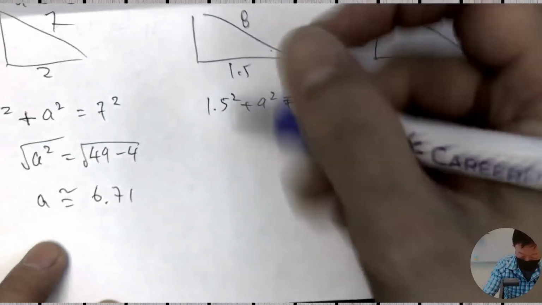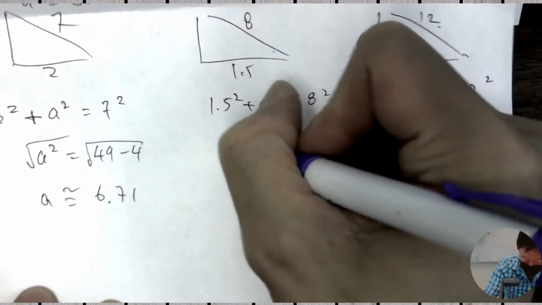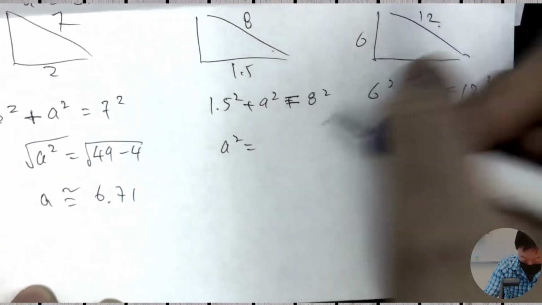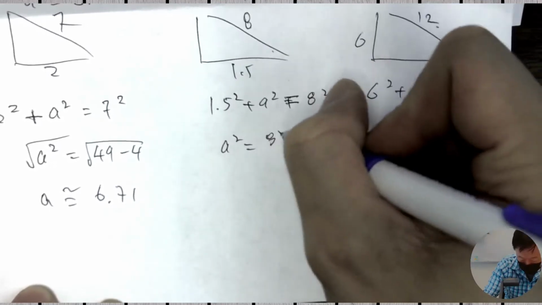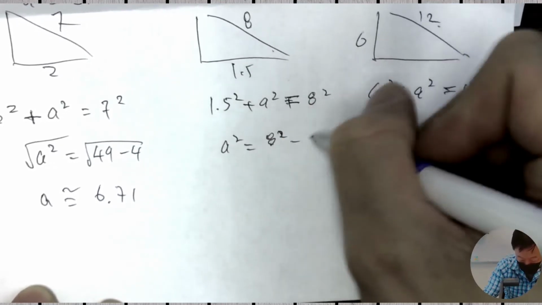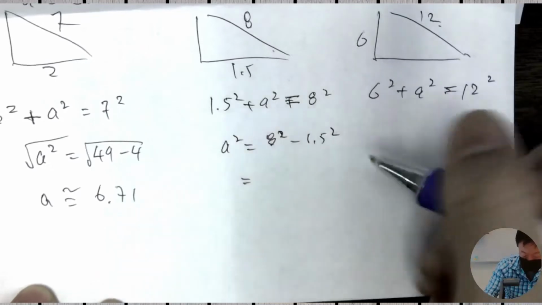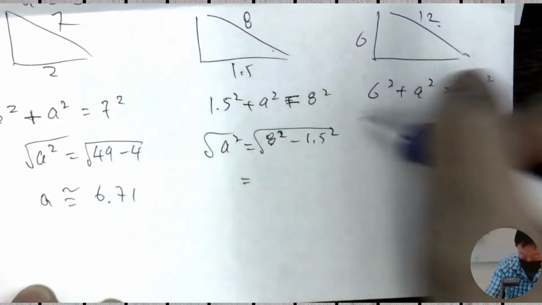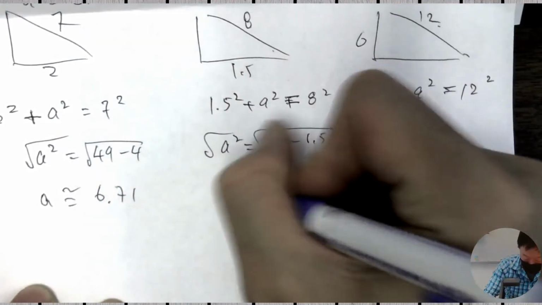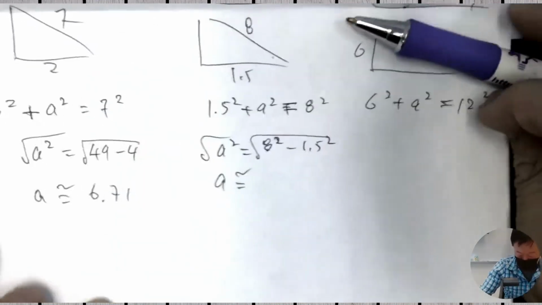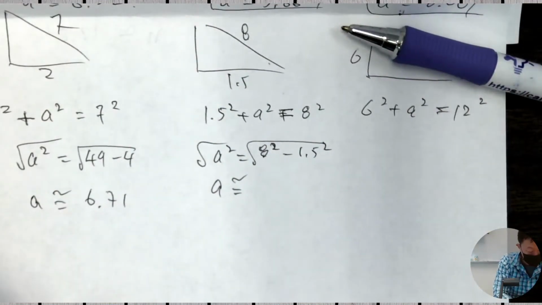Yeah, then. All right, so in this case, a squared is equal to 8 squared minus 1.5 squared. And of course, you gotta square root both sides. And notice that I am simplifying the process now. After a while, it should become almost mechanical.